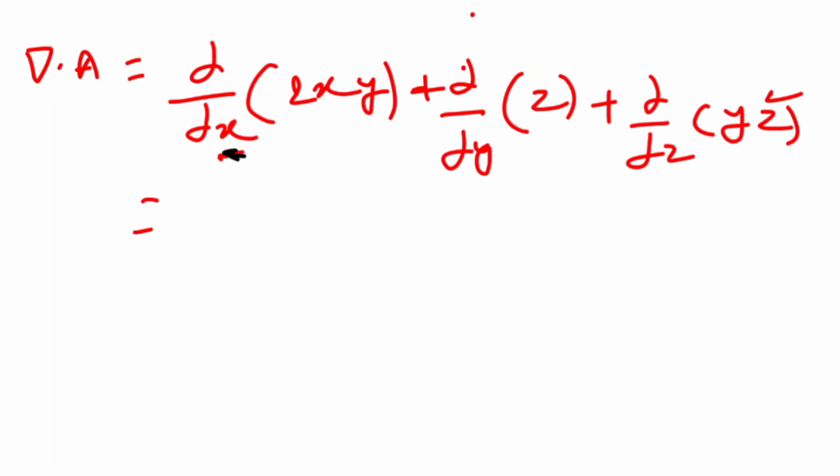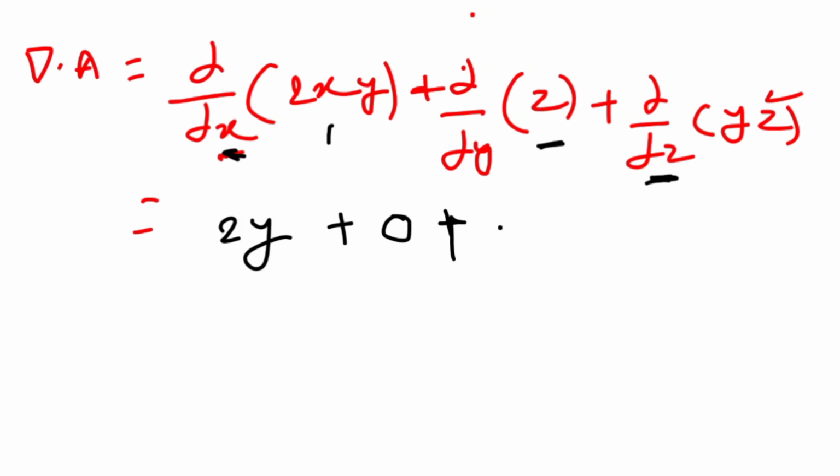Dou by dou x of 2xy, what becomes? Only x becomes 1, hence we can write 2y. Plus, dou by dou y of z: there is no y term, hence dou by dou y of z is 0. Plus dou by dou z of yz square. We do partial differentiation with respect to z.